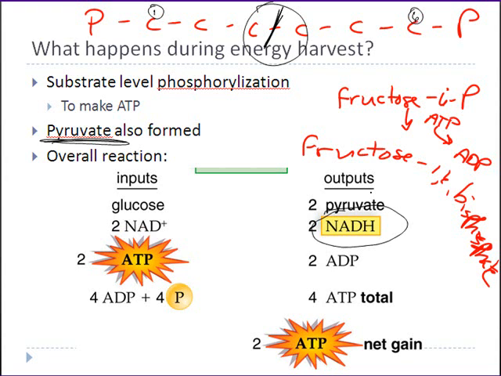Remember, I told you you're going to see NADH and NAD plus frequently in these equations, and it's a coenzyme. It's a temporary energy storage molecule that we use.